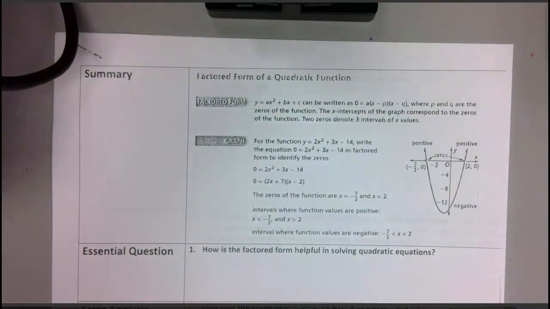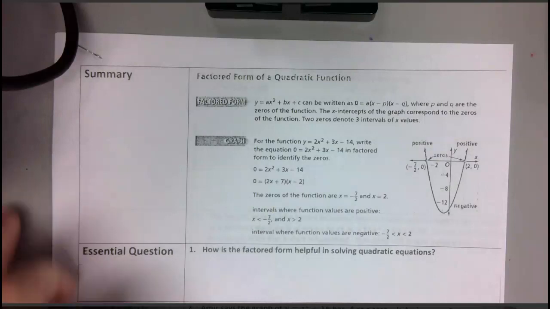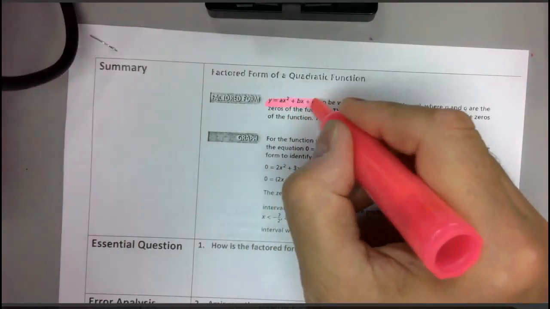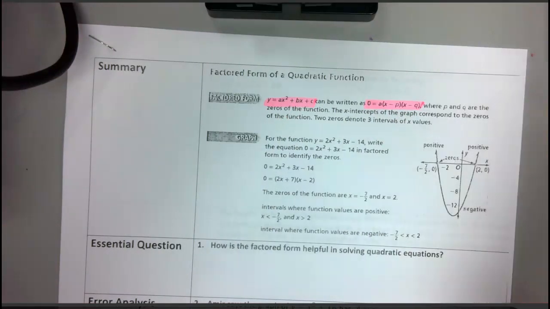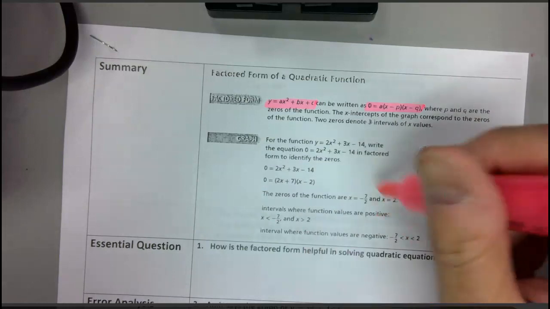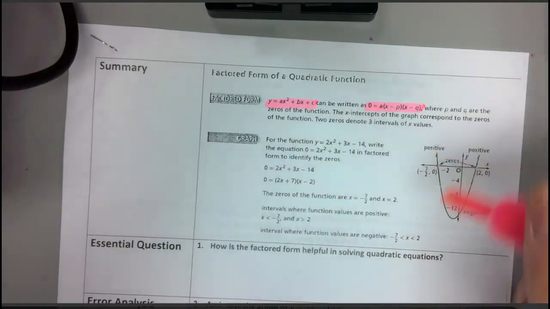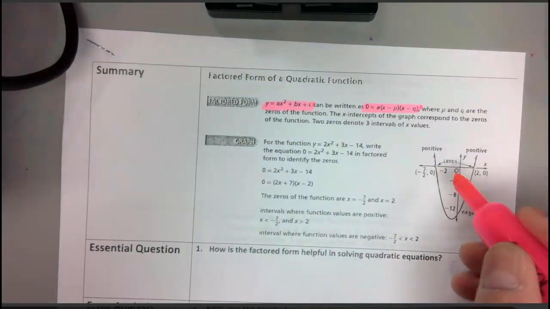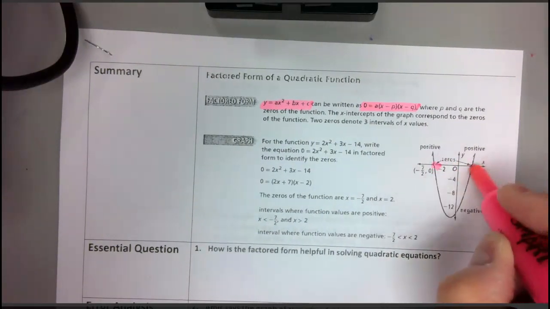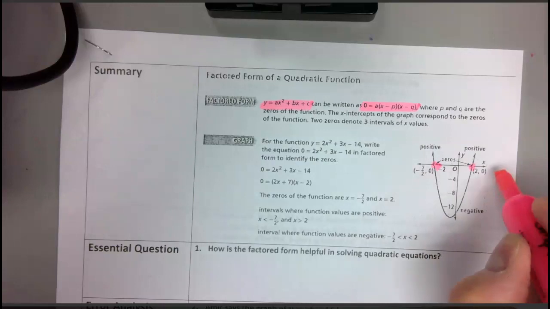Okay, here's standard form and here's factored form. And then we worked on finding the zeros by using the zero product property, and we put those points. Here's our zeros, correct? Right there and there. Negative 7 halves and 2.